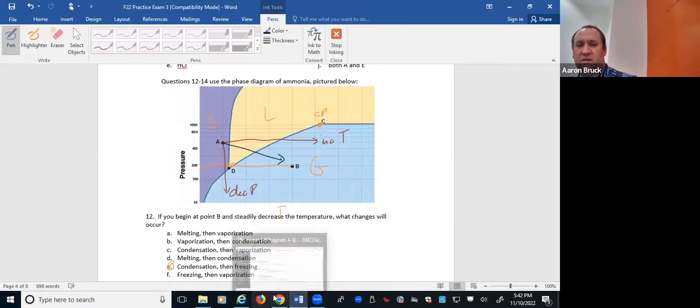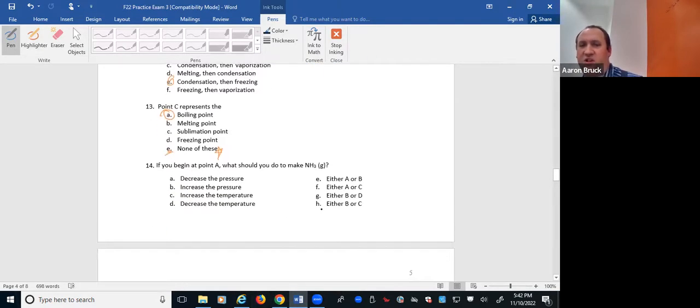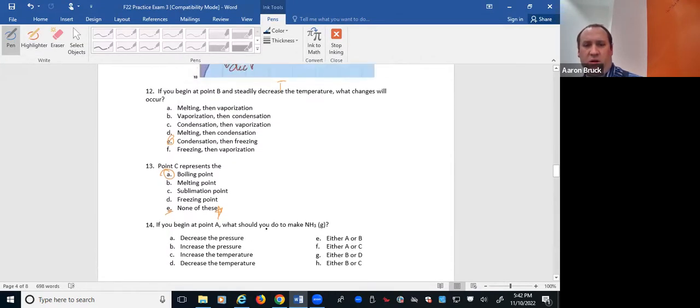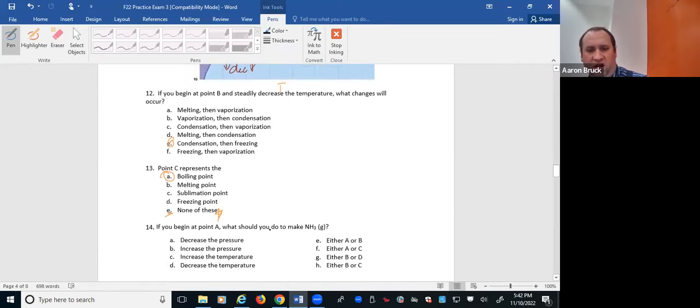Well, if that was one of the options, then yeah, you could. So decrease the pressure was one of them. Increase the temperature was one of them. Either A or C would be the correct answer. So this was F. To do both, you'd have to have obviously the option both A and C. But that wasn't one of the options given.